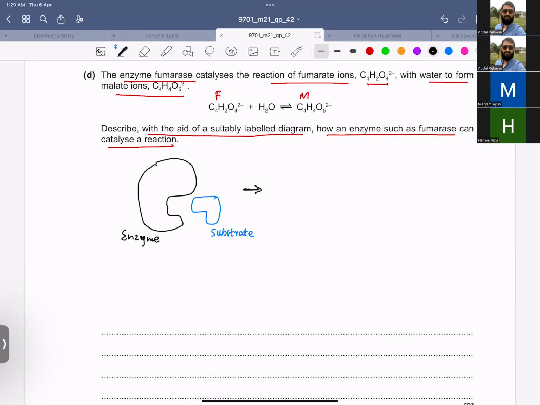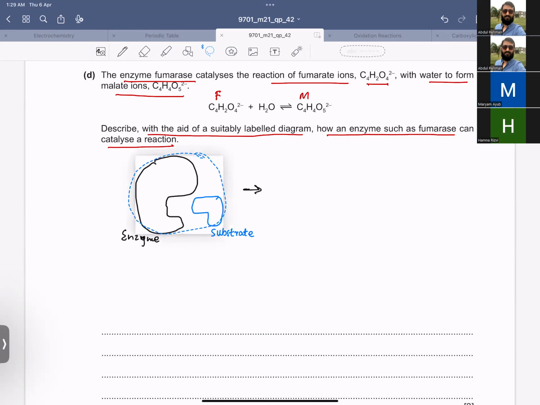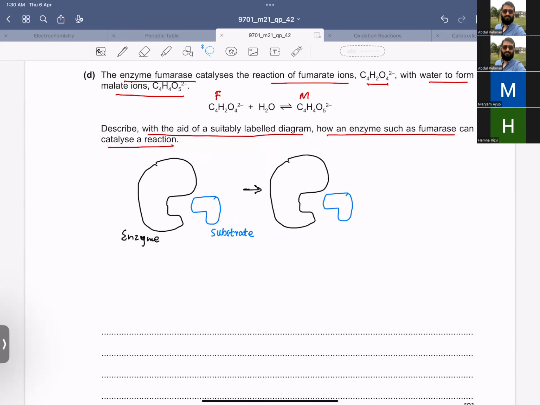Then in the next diagram, what we do in the next step is show that it is bonded to the enzyme, and that is called the enzyme substrate complex.